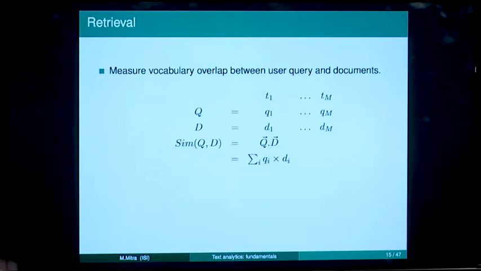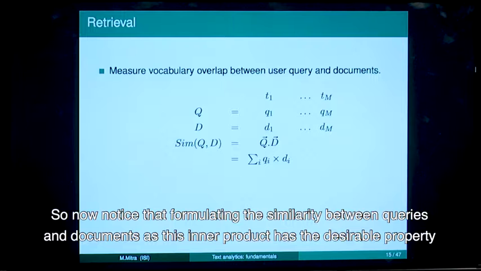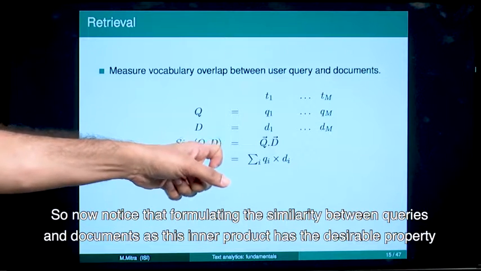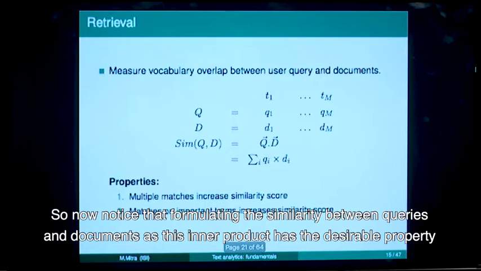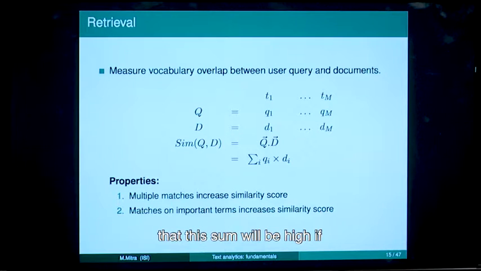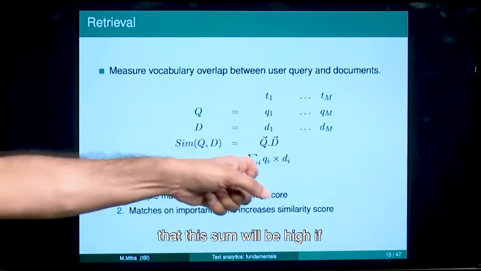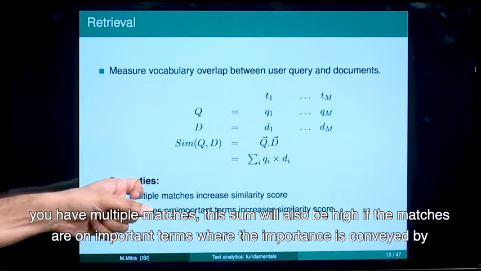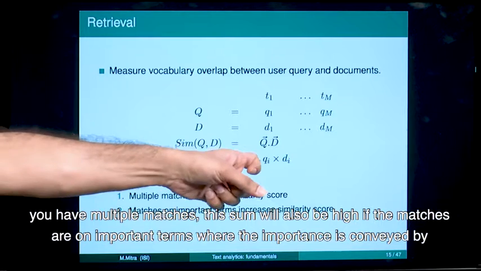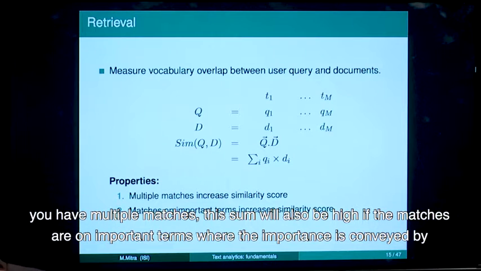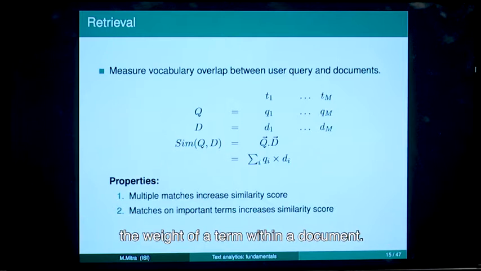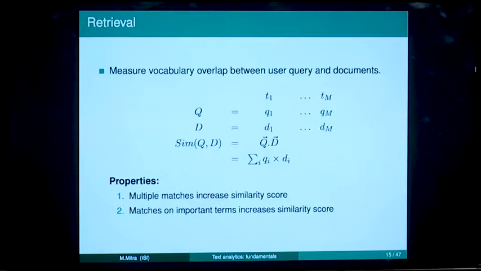So, now notice that formulating the similarity between queries and documents as this inner product has the desirable property that this sum will be high if you have multiple matches. This sum will also be high if the matches are on important terms, where the importance is conveyed by the weight of a term within a document.